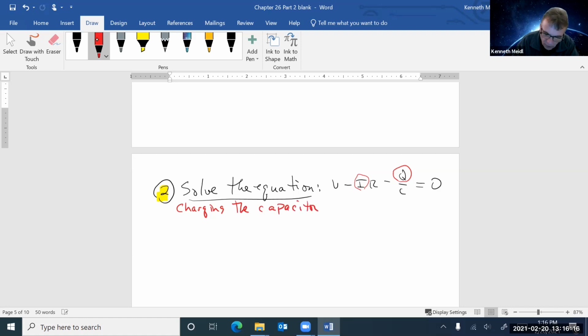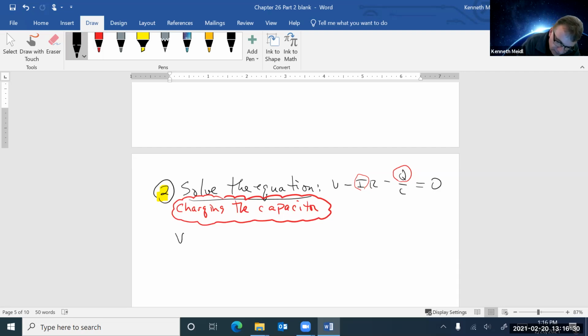And so I think what we'll probably do is start off with the idea that it starts with no charge, but eventually I don't think that'll make too much of a difference here at all. Okay. And so let's just get our equation here in front of us. And really the issue here is that I and Q are functions of time.